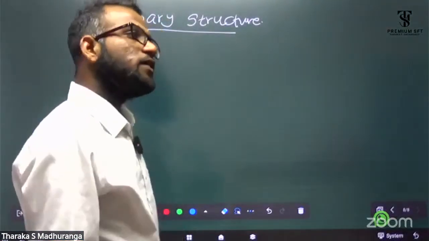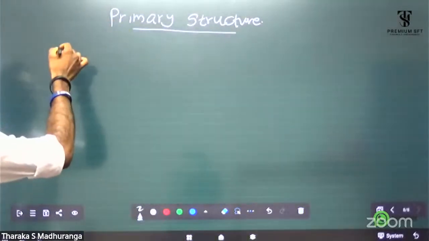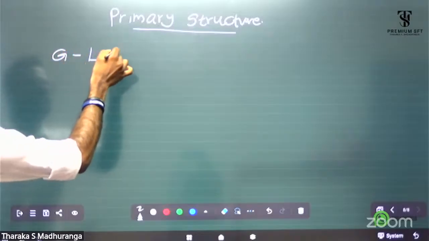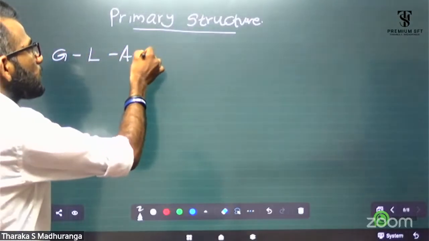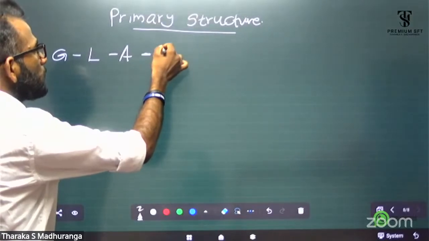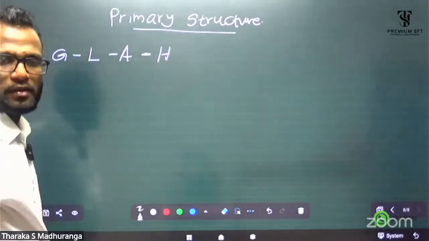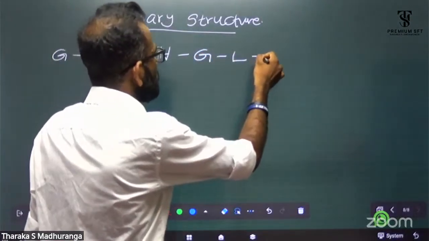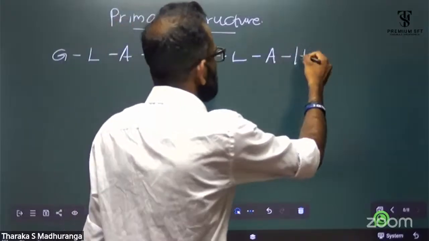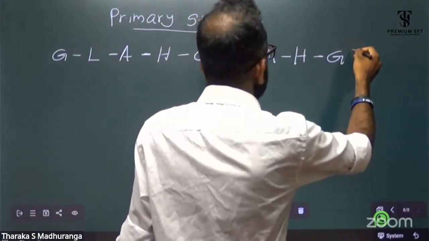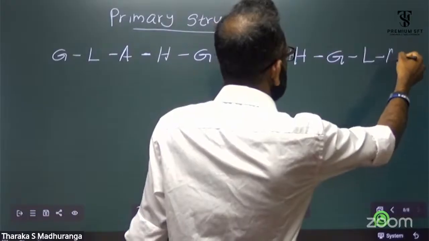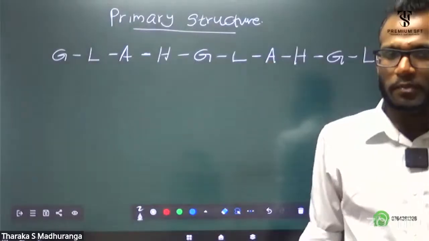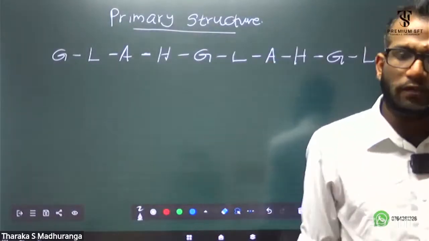Think one protein is made of glycine, lysine, isoleucine, histidine, again glycine, lysine, isoleucine, histidine, and so on. This is the amino acid sequence in the polypeptide chain.